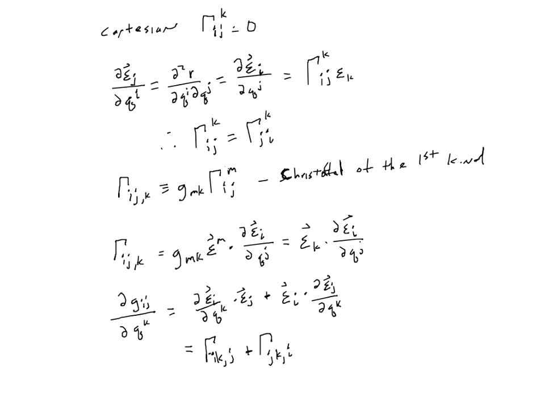Right? And so if you do a little bit of algebra with this, what you can find is that the Christoffel symbol is equal to taking 1/2 times, and I'm going to use some shorthand here, g_ik,j. And what that means is that g_ik,j is equal to taking the derivative of the metric with respect to qk for qj.